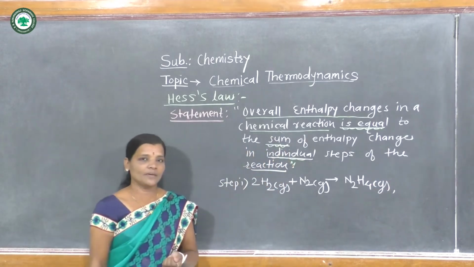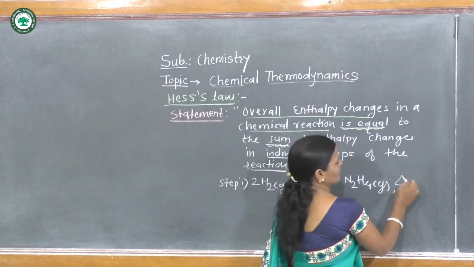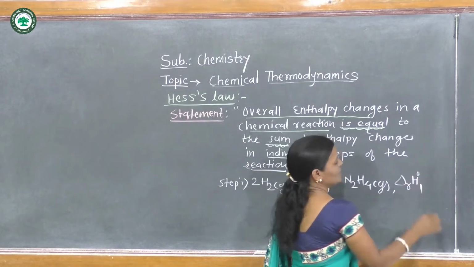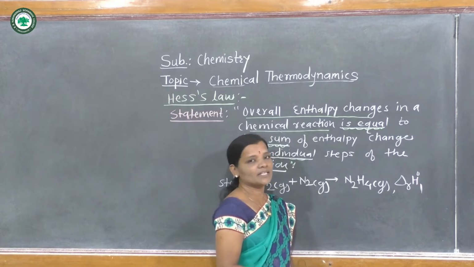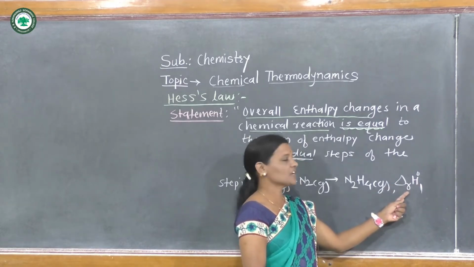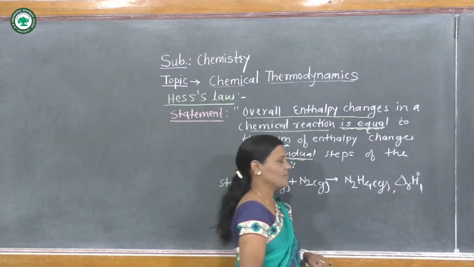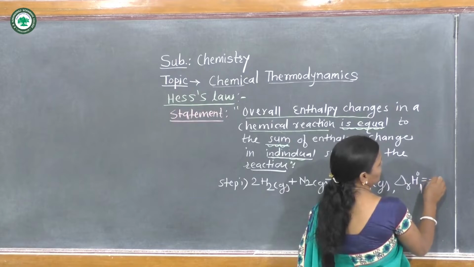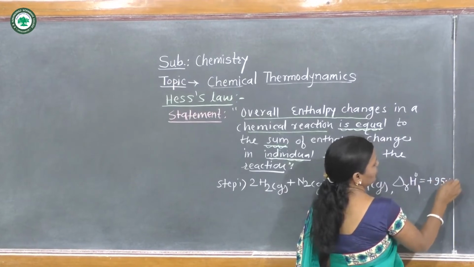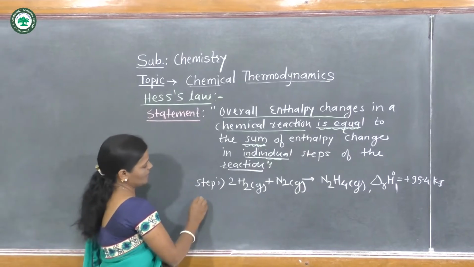In this first step, the enthalpy change observed is given by delta rH degree 1, that is the enthalpy change for the reaction, and the 1 indicates the first step. Here that value is plus 95.4 kilojoule.